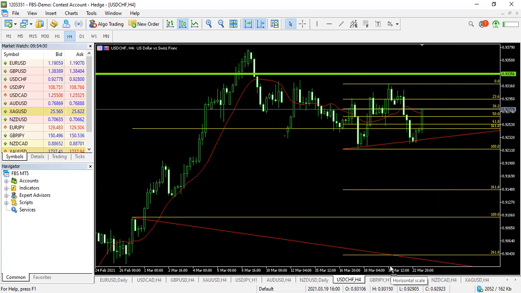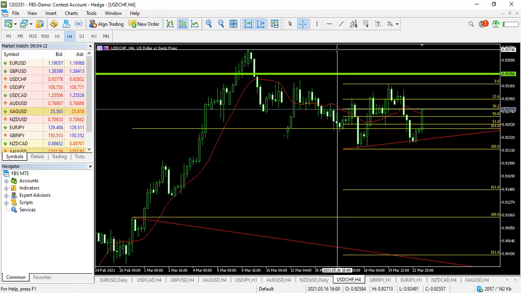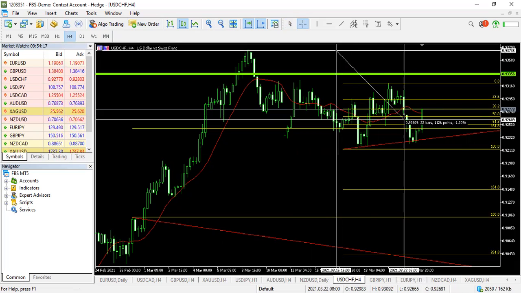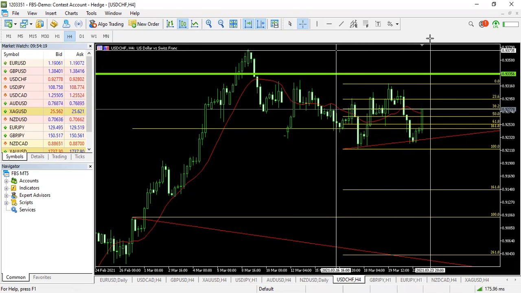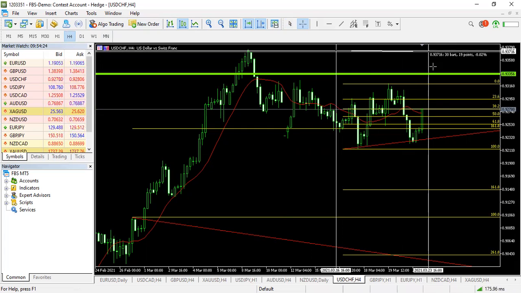And the pivot point for this week on the USD Swiss franc would be 0.9372, which is around here. So I'll be looking at this area. If the market gets to that, it will be my pivot point for the week.